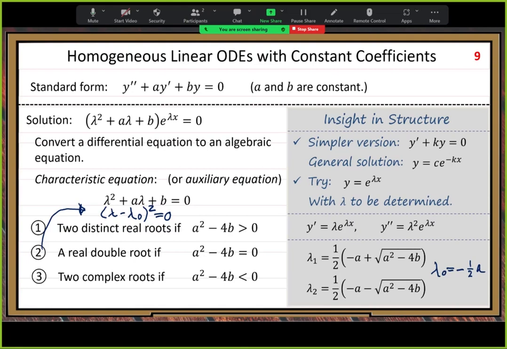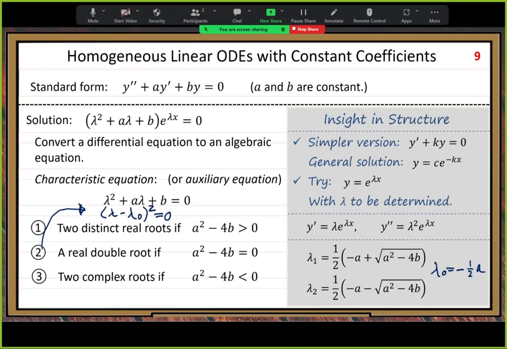What do we call a squared minus 4b? Here we check it, comparing with 0. Any special terminology? What I mean is math terminology. Is it called discriminant?